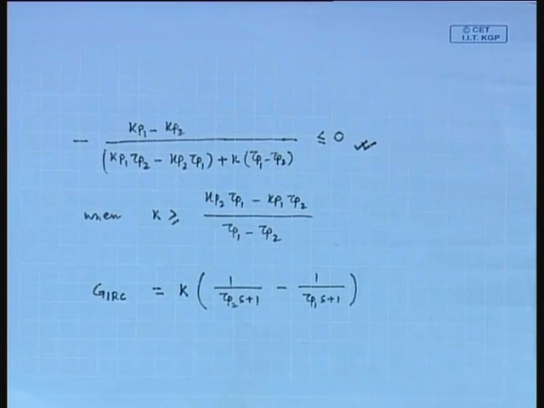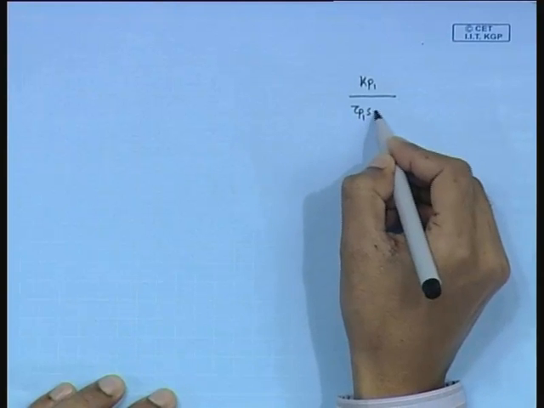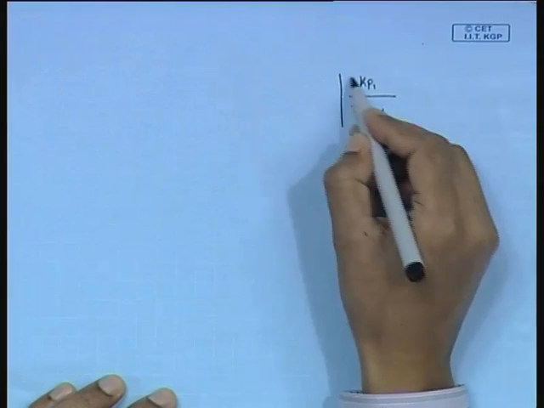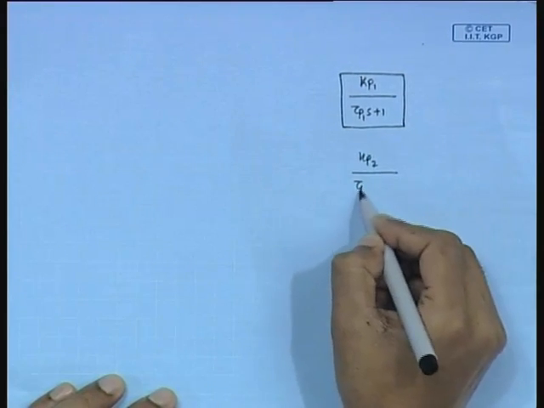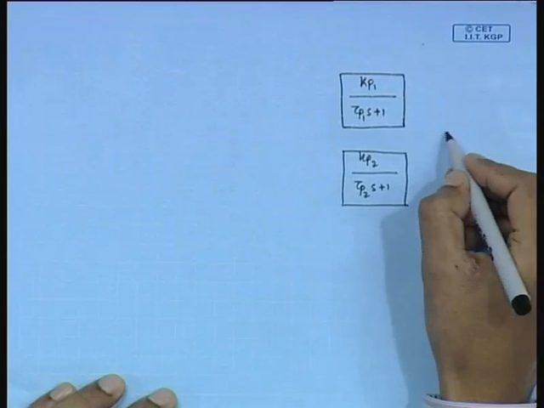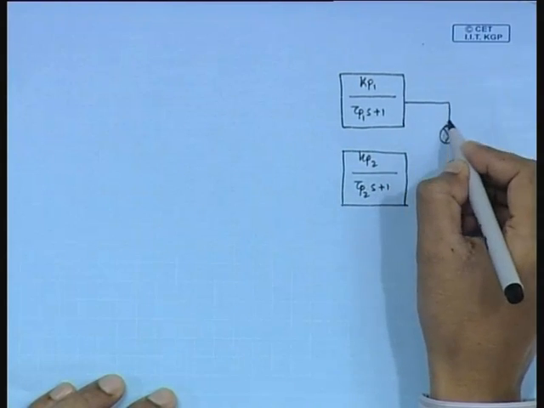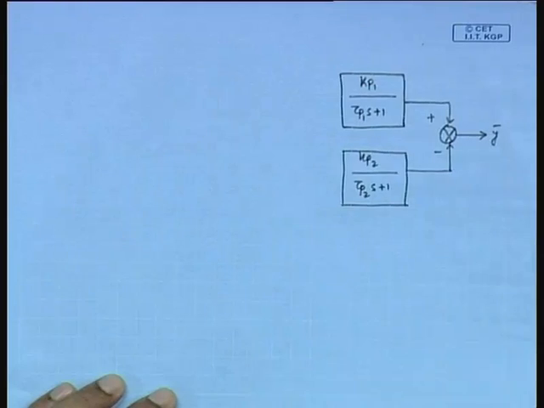Fine. Now, we wish to incorporate the block of inverse response compensator in the closed loop block diagram, as we did for the case of dead time compensator. Now, our process has the transfer function of Kp1 divided by tau p1 s plus 1 and Kp2 divided by tau p2 s plus 1, they have the opposing effect, output is y.